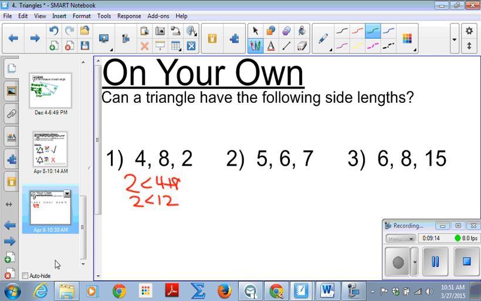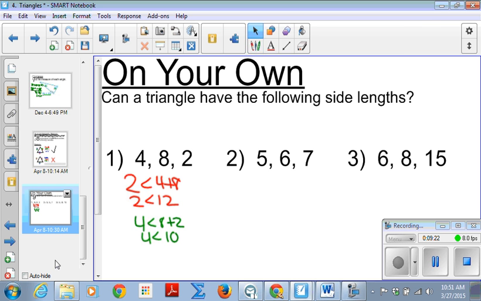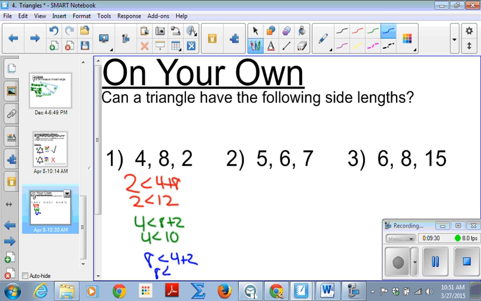Now I'm going to check, let's say 8 and 2. So 4 is less than 8 plus 2. 4 is less than 10. That checks out. And now I'm going to see if 8 is less than 4 plus 2. That is not a true statement. So this one, the answer is no for number 1.